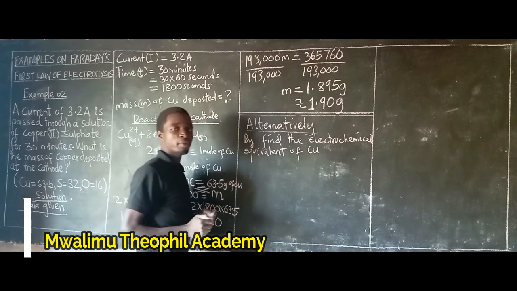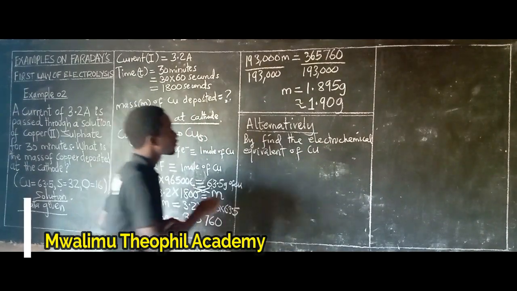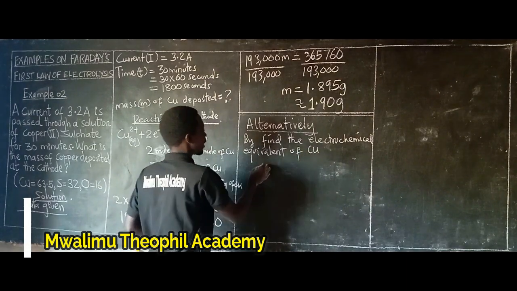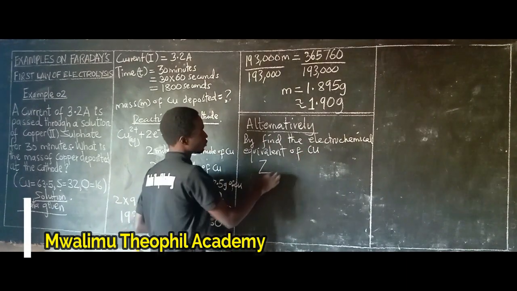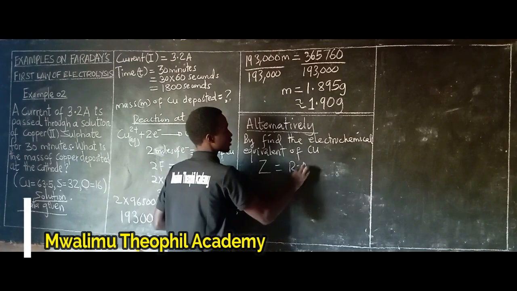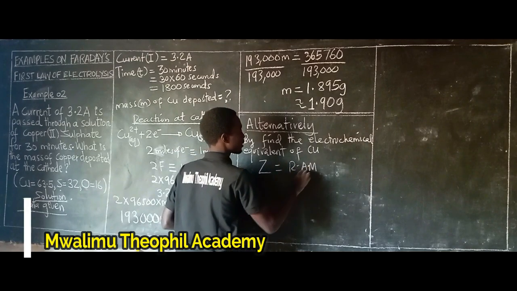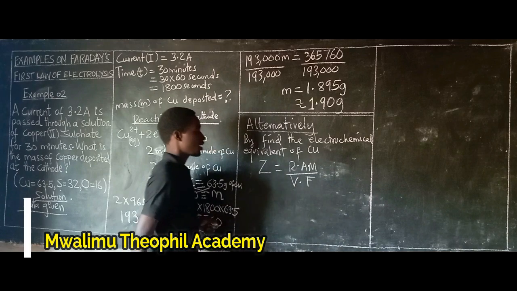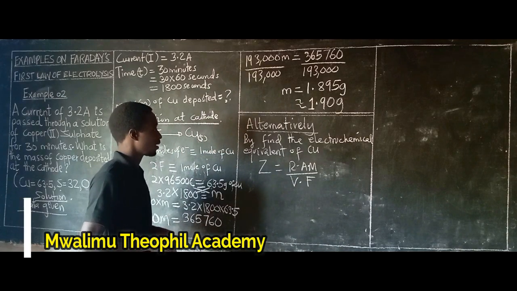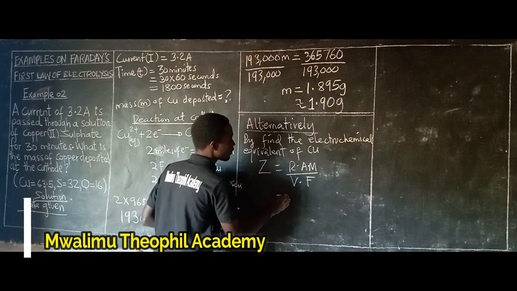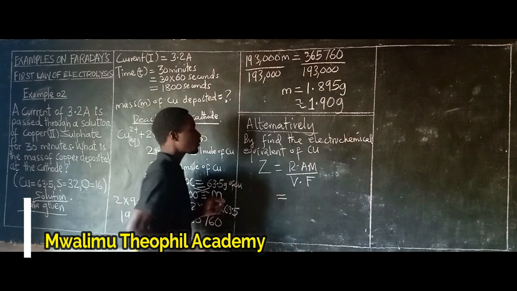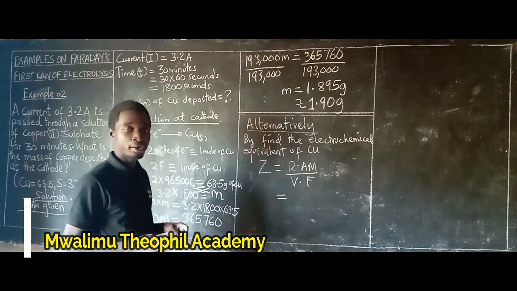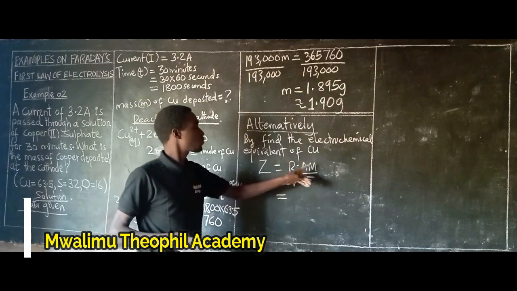Now, I think you remember, we have said that the electrochemical equivalent is equal to relative atomic mass over the product of valence and the Faraday's constant. What element are we dealing with? We are dealing with copper. The relative atomic mass of copper is how much?